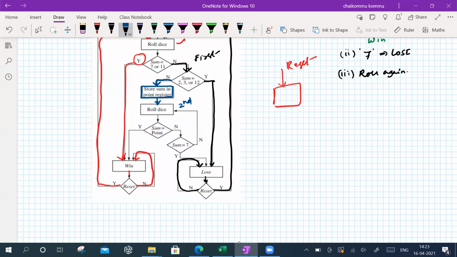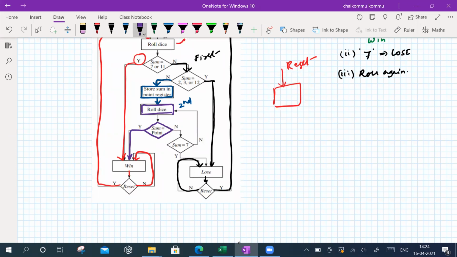Next, here we start dicing the game, rolling the die. Whatever value you roll, if the sum value is equal to the point registered value, then you win the game.